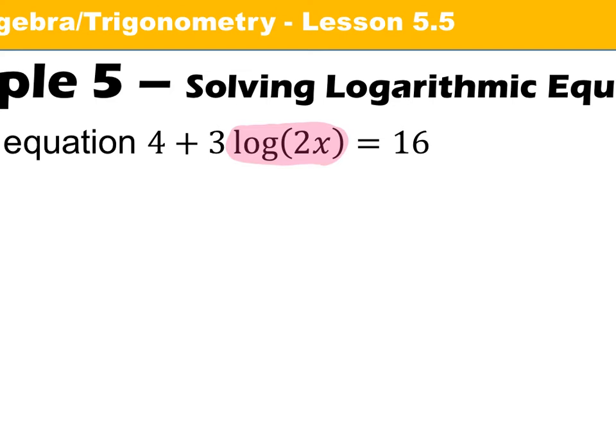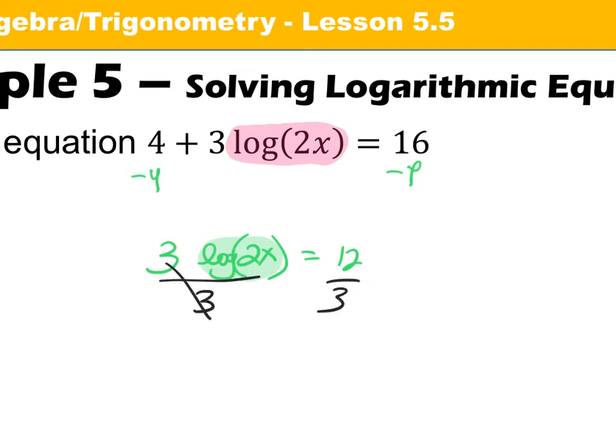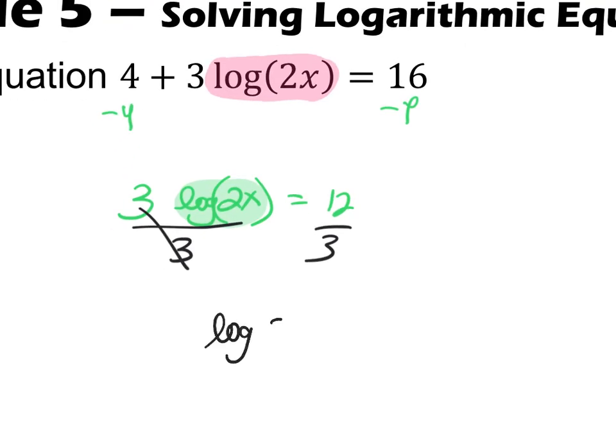No. So what do I have to do first? How do I do that? Subtract 4. Agreed. So I have 3 log 2x equals 12. And then Alexis tells me to divide by 3. Perfect. So I have log 2x equals 4.